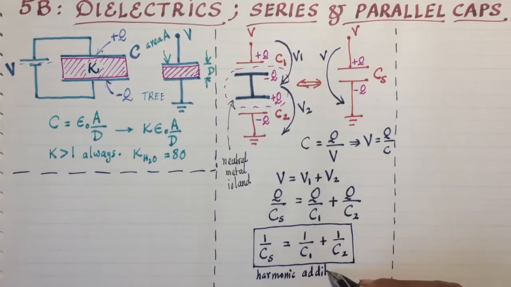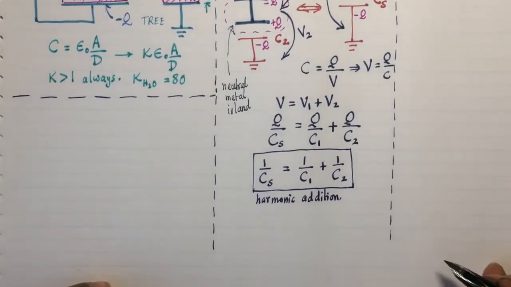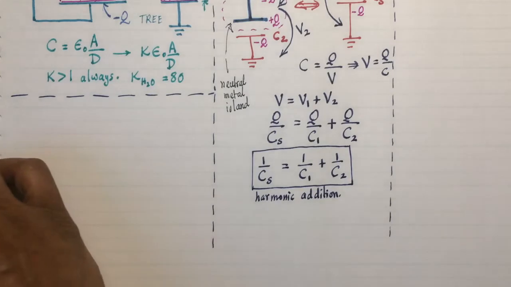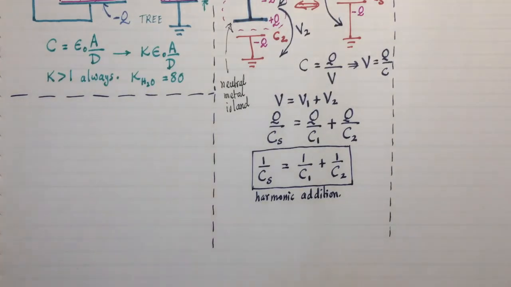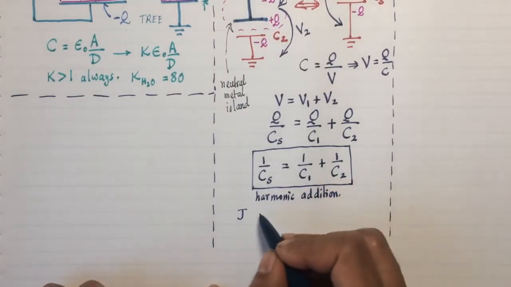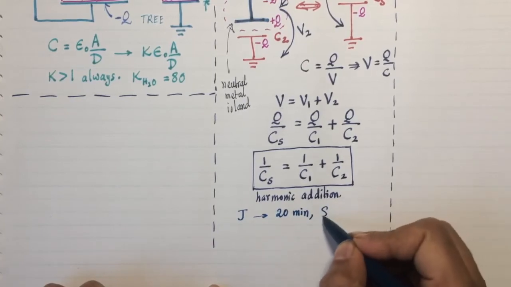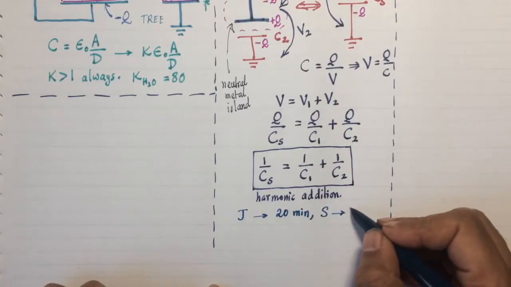Harmonic addition is not very strange in your lives. You have actually done it before. It's usually used when you have to divide one piece of work between several people. So suppose you have two people, let's call them Joe and Schmo, and Joe can mow your yard in, let's say, 20 minutes, and Schmo can mow your yard in 30 minutes.